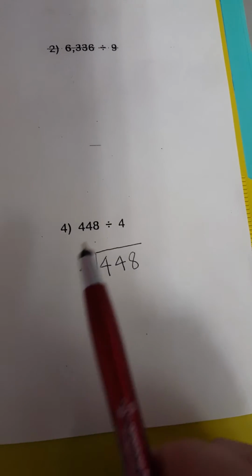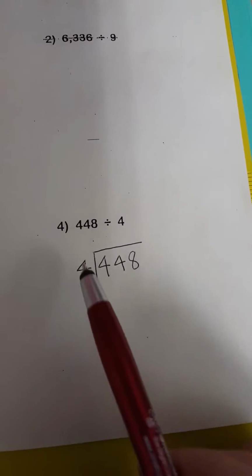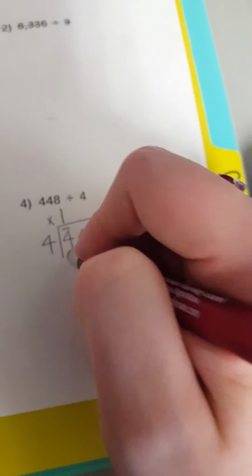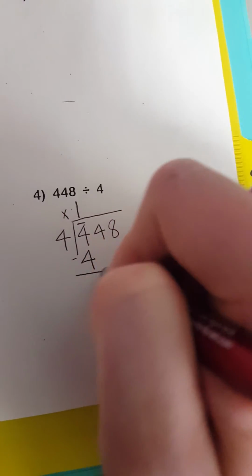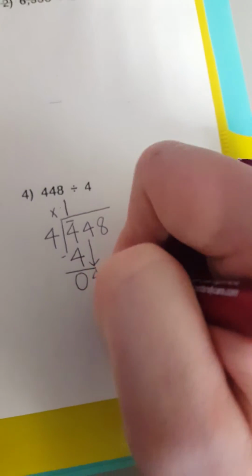All right? So then we follow our division steps, and we start with divide. 4 can go into 4. That's where I'm starting. 1 time, and 1 times 4 is 4. And then I'm going to subtract, bring down, and repeat.